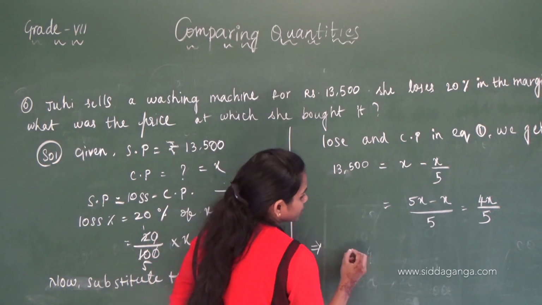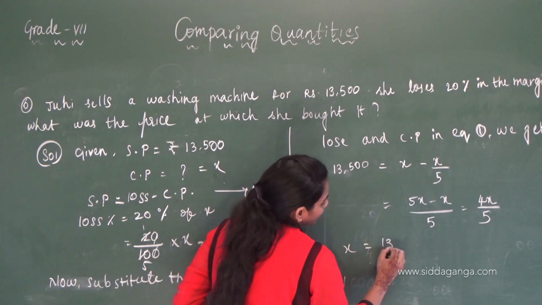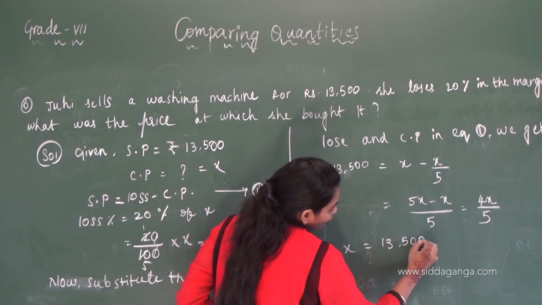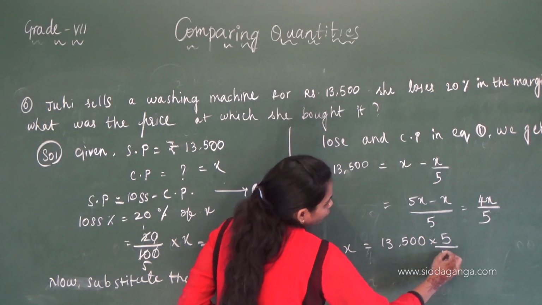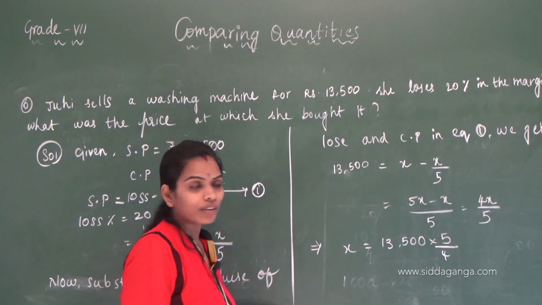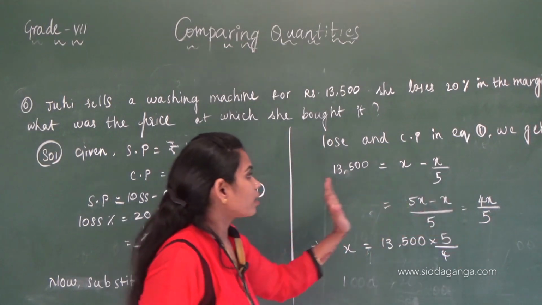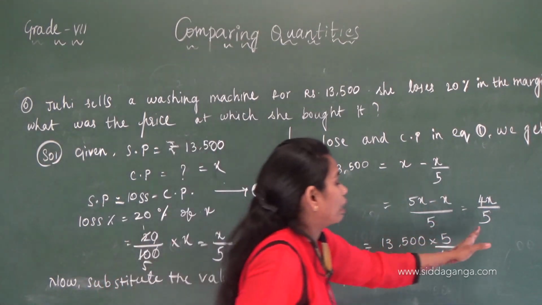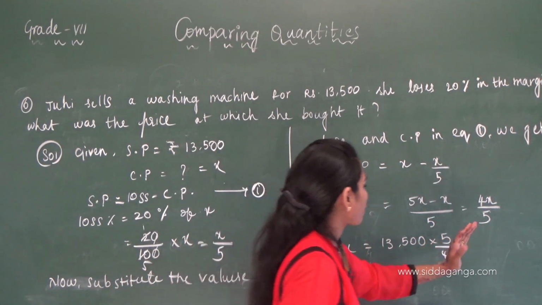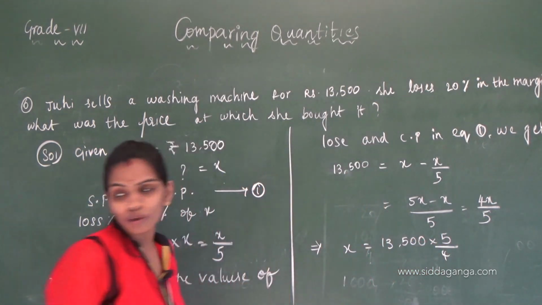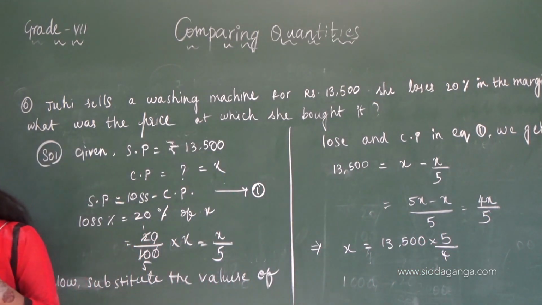If you take x, 13,500 into 5 by 4, I am sending this to the RHS, and then just go through the cancellation.